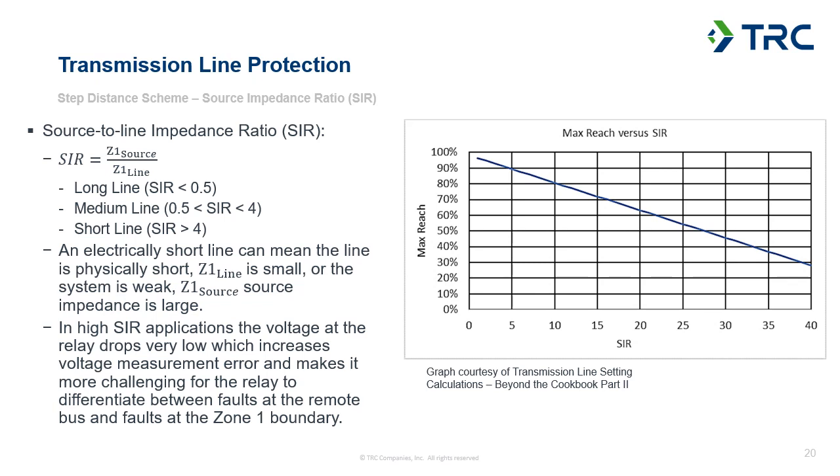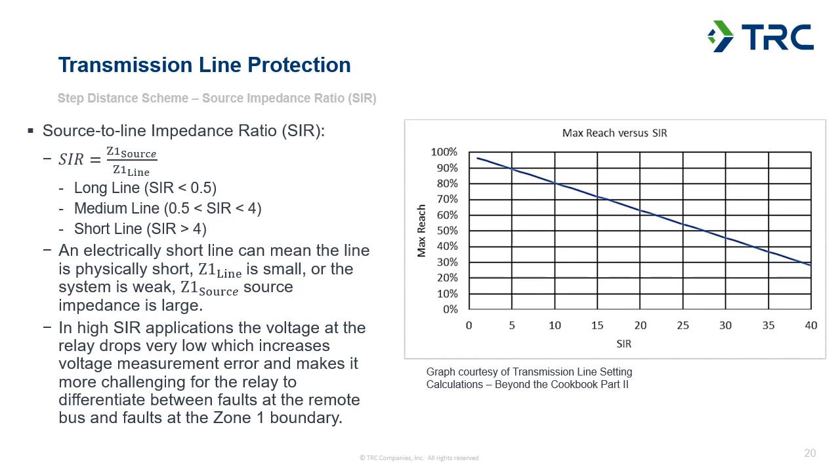And that'll impact our relay measurement errors, because if we have a very low voltage for faults we need to operate on, we're going to have a higher amount of error, which is going to make it more challenging for the relay to determine an accurate measurement for the impedance at that location because of the extra errors.